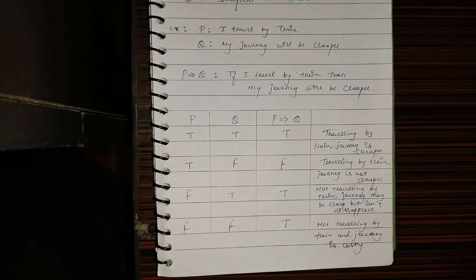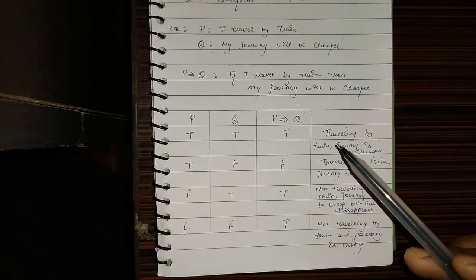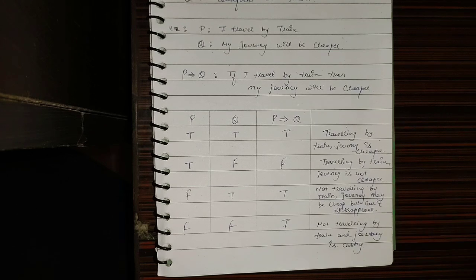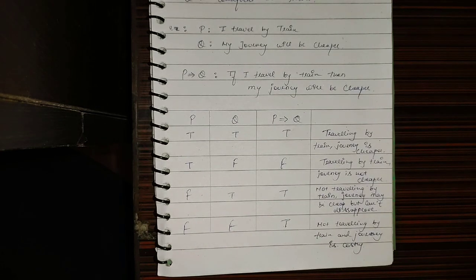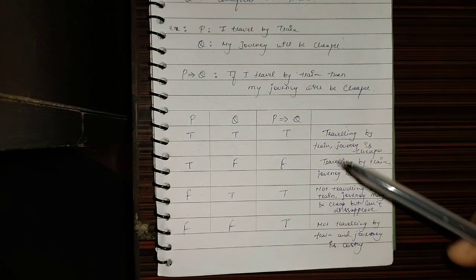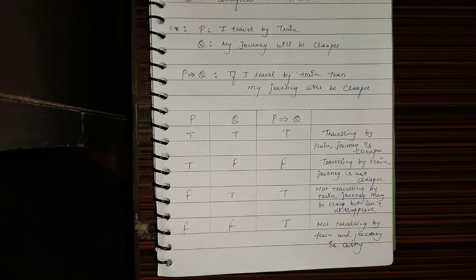So, in case of a conditional statement, when P is false and Q is true, then P implies Q will be true. And in the last case, when our hypothesis is false and our conclusion is false as well, then P implies Q will be true.